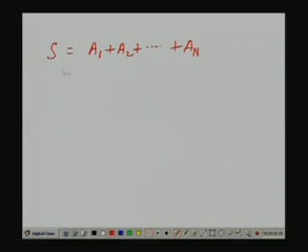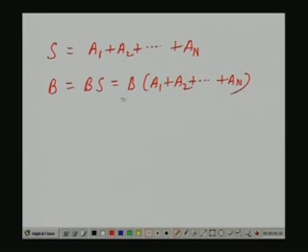That means we can write B as nothing but B intersection S first. After all, B is a subset of S, so the intersection between B and S is the same as B, and then S I replace by this. And using the distributive property of the set operations, we can write it simply as B A1 plus B A2 plus dot dot dot B An.